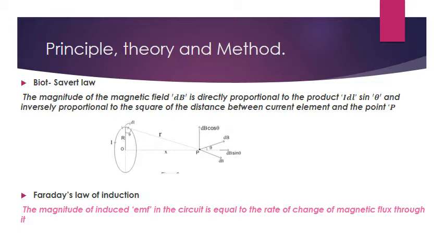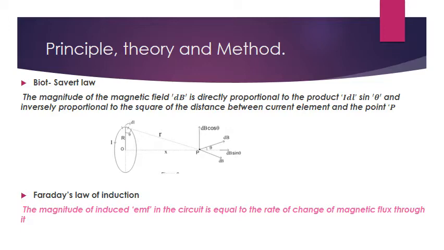Next, another law which is going to be used in this experiment to sense what fraction of the magnetic field is received by the point P is Faraday's law of electromagnetic induction.